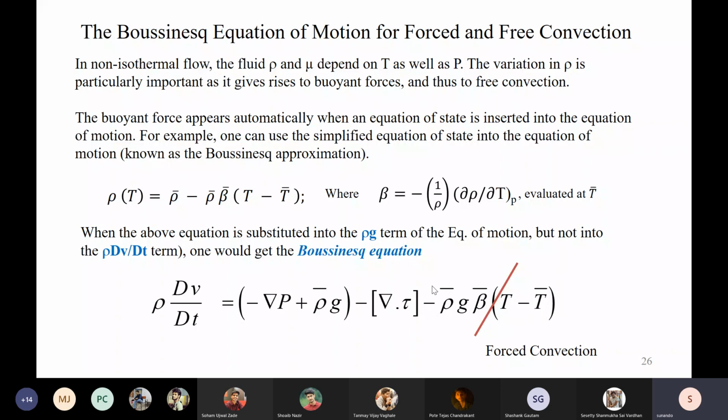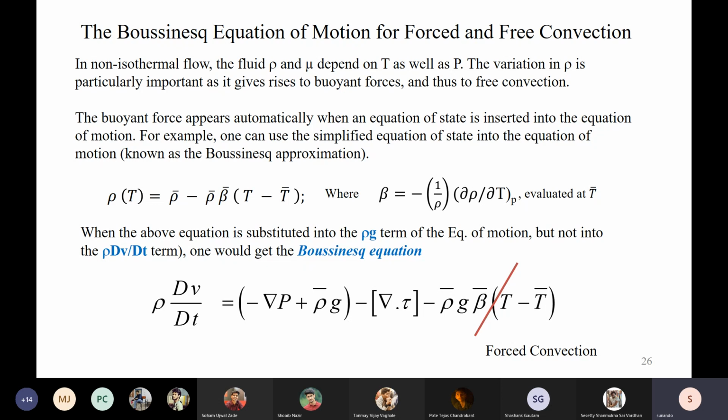But this buoyant term would be very small in forced convection. So whenever a flow takes place over a flat plate due to forced convection, the buoyancy-driven contribution to that flow can safely be neglected.